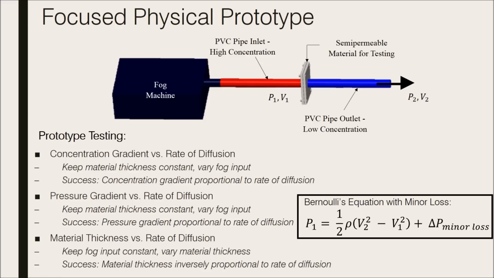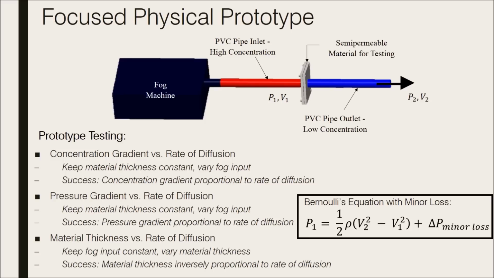Three separate experiments designed based off the crucial functionalities would be conducted to evaluate the diffusion rate for a number of test materials. The first experiment will examine the relationship between concentration gradient and the rate of diffusion. For this test, fog will be injected into the inlet pipe for increasing amounts of time to simulate increasing concentration gradients on either side of the permeable material.